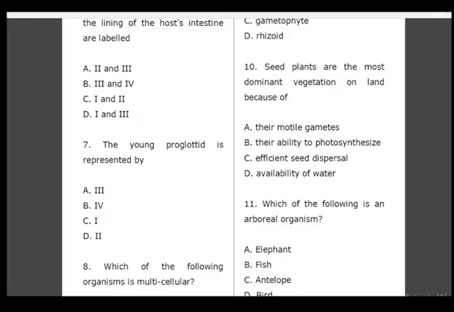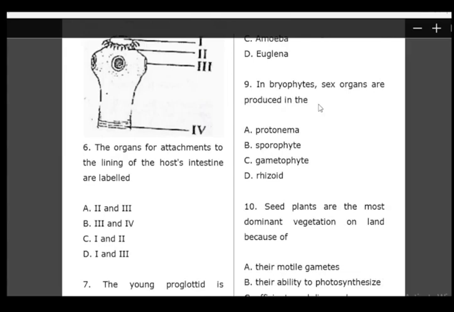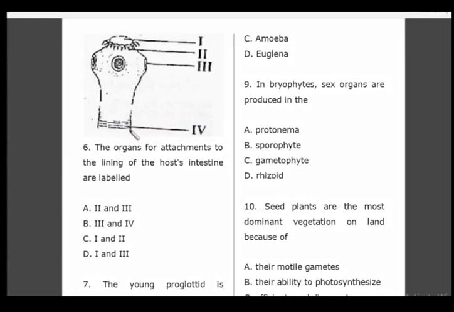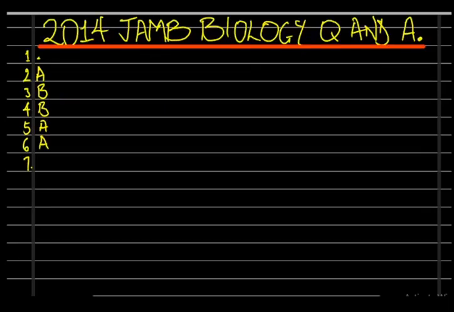So if we go by that, we find out that the proglottid is actually this part here that we are seeing labeled Roman numeral 4. That is where we have the proglottid. So the young proglottid is represented by Roman numeral 4. So option B is our answer to question 7. Option B.